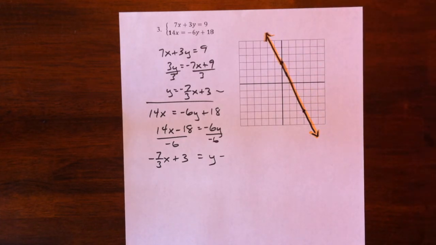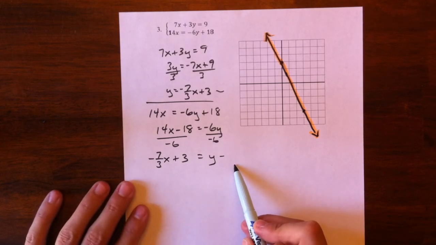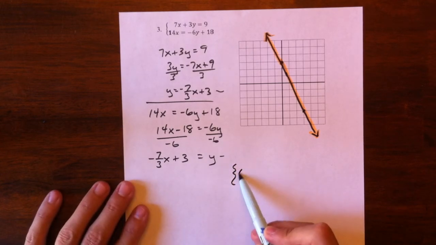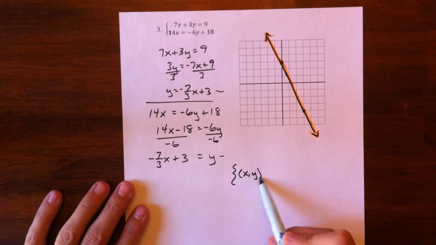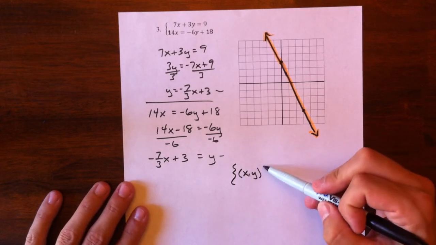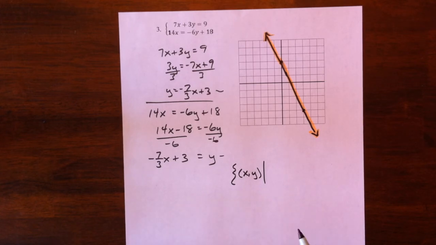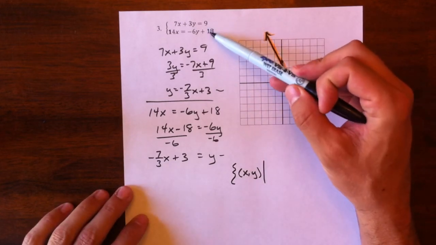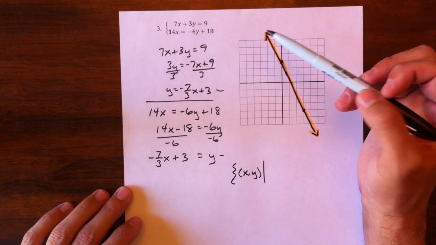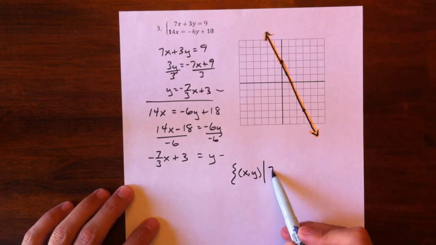Well, the way we write that is this. We are going to use some set notation. We're going to say all values of x, y, so all coordinates x, y, such that, and then you're going to just use one of your equations, because essentially since both these equations are the same, you can just write one or the other.